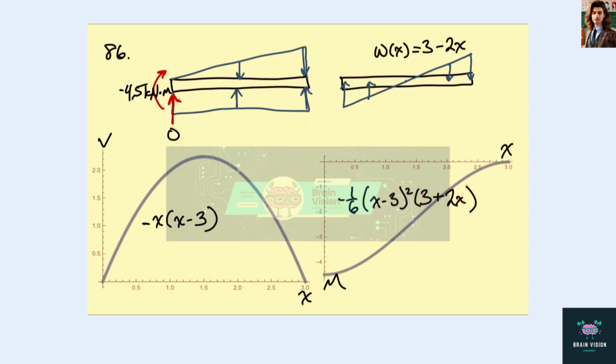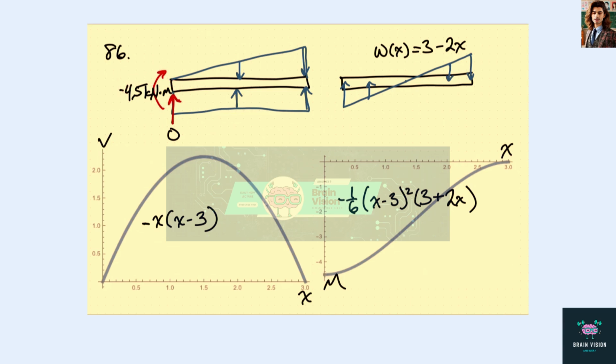And we can see that when x equals 0, we're at minus 4.5 kilonewton meters. If we use this point to find our constant of integration, then a good check would be to make sure that at 0 we get back to this value.